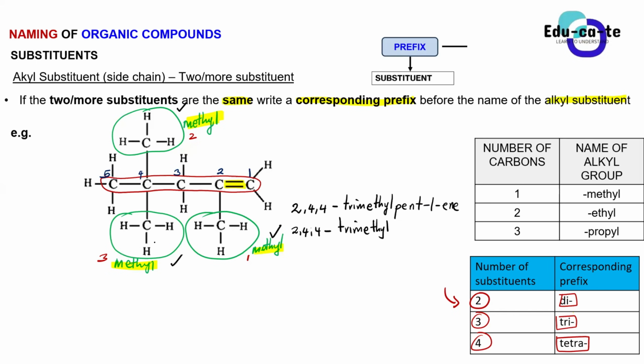If I just say trimethyl and then I write pentene like this, where are you going to draw the double bond? You're going to assume it's on position 1. No, guys, when the functional group is on position 1, it doesn't mean that you can just ignore the number 1. You must write it, you must show it. That's why you say pent 1 ene.